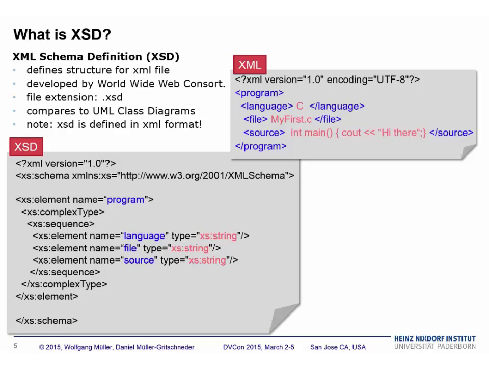It's a complex type, and it is a sequence which has one field named language, one field named file, one field named source. Here the type doesn't have a name. This is called an anonymous type. We will later see that IP-XACT also makes use of these anonymous types. We have to consider that when we write our generators later on.